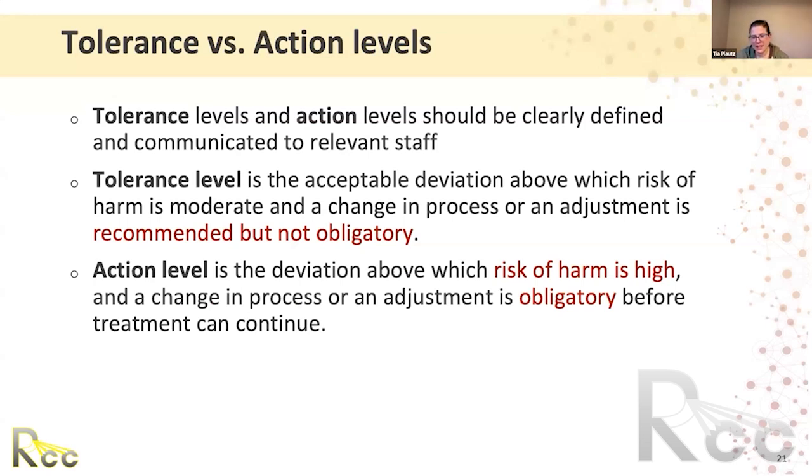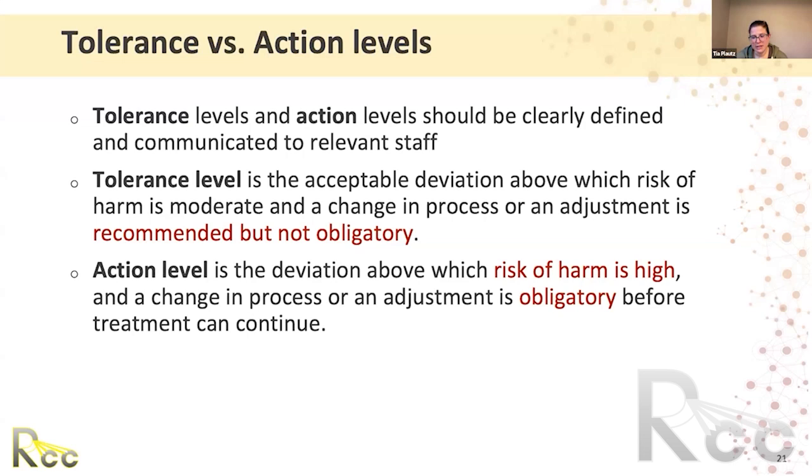So an example of this is that you probably run a daily QA where you check your outputs. And when you run your morning outputs, typically we define the acceptable deviation at two levels. The tolerance level would be the deviation at which it's acceptable to treat, but the physicist should be notified in order to investigate later.